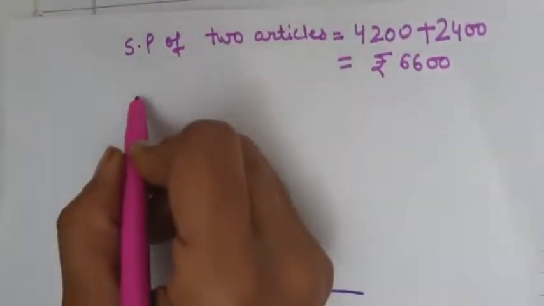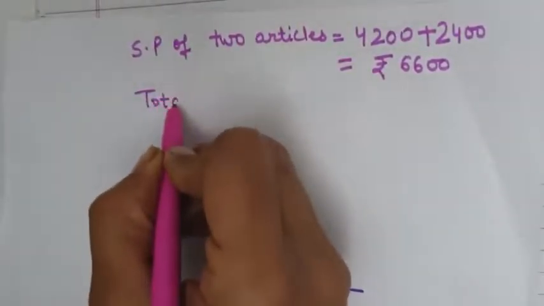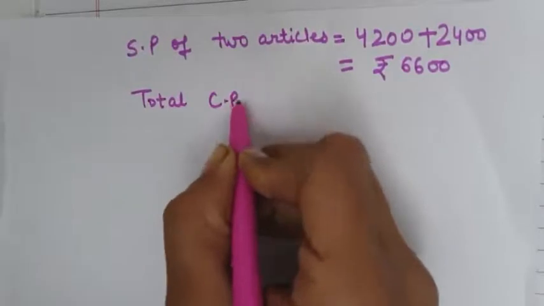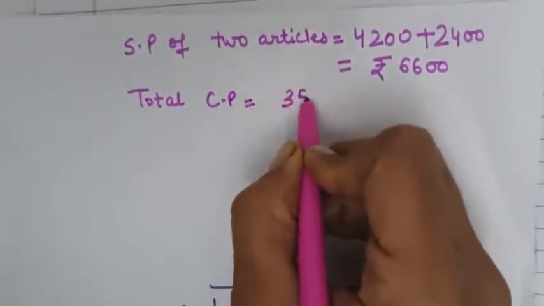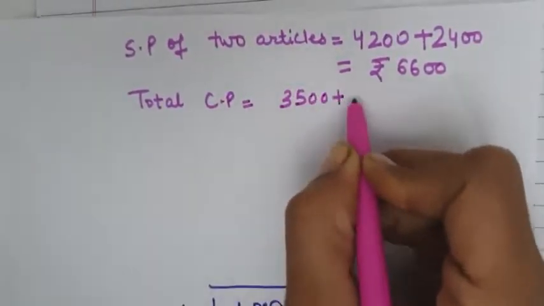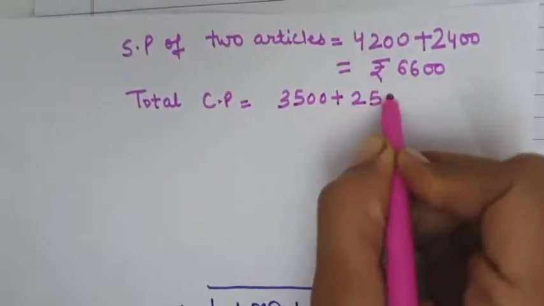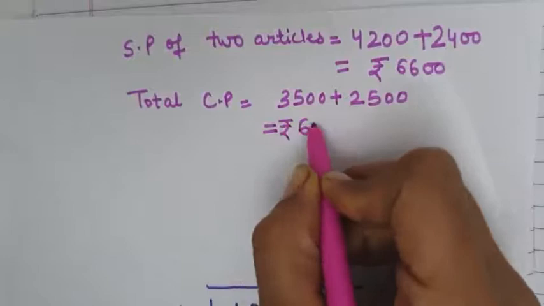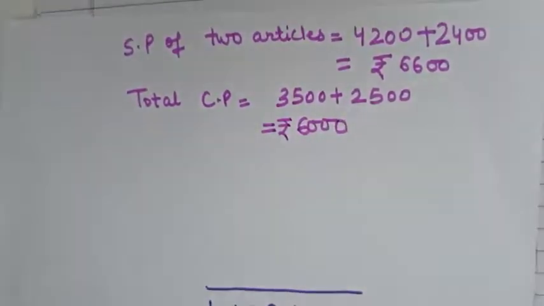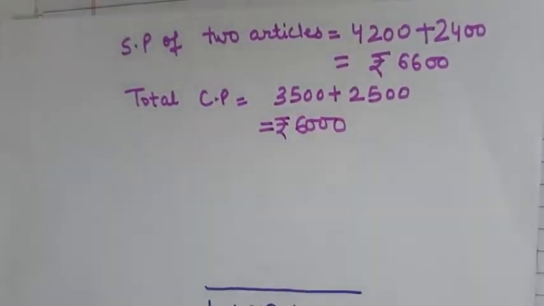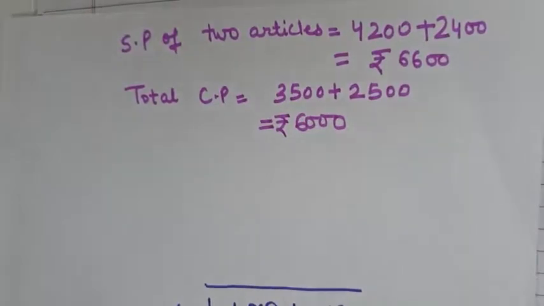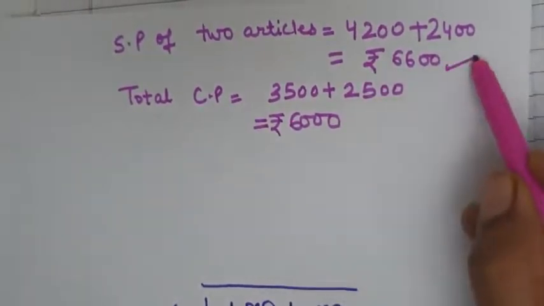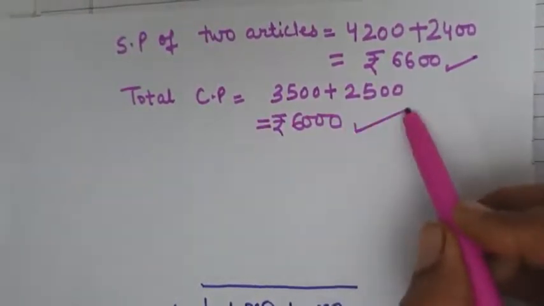Now the total cost price, if we see, that is 3500 plus 2500. So what we get? We get 6000 rupees. Now students, if you see carefully, selling price is greater than cost price.